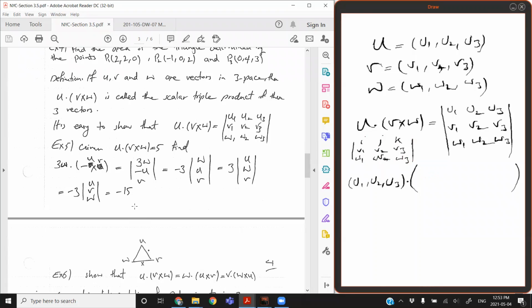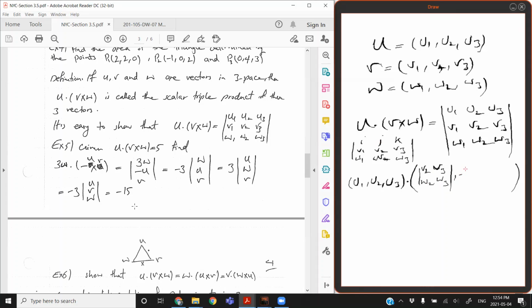So the first component is going to be the minor corresponding to this position. So the first one is going to be V2, V3, W2, W3. The second component is going to be the cofactor corresponding to J, minus that, because the second one is going to be minus the minor.